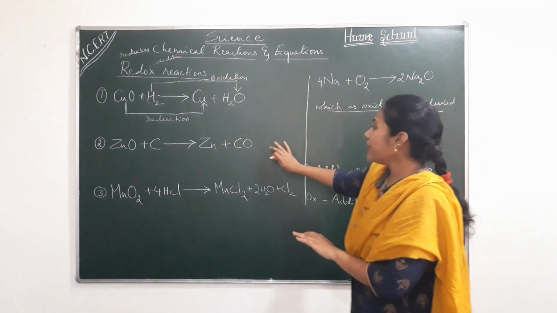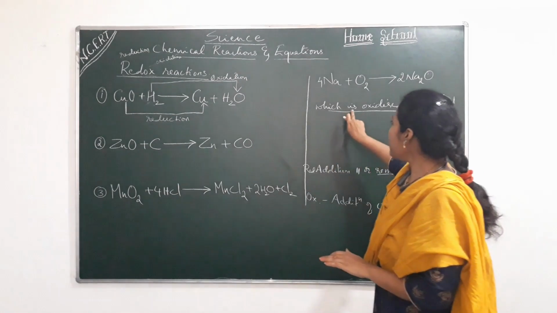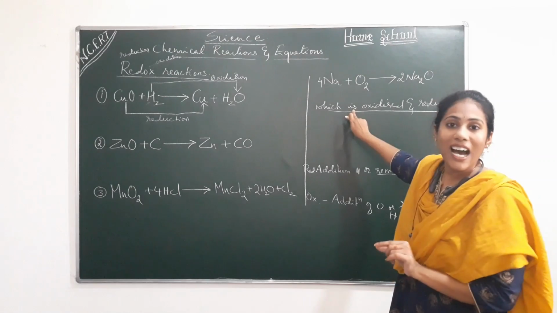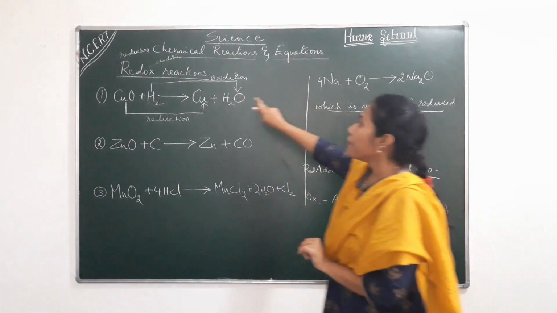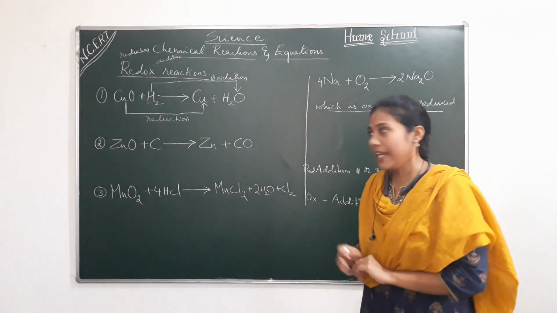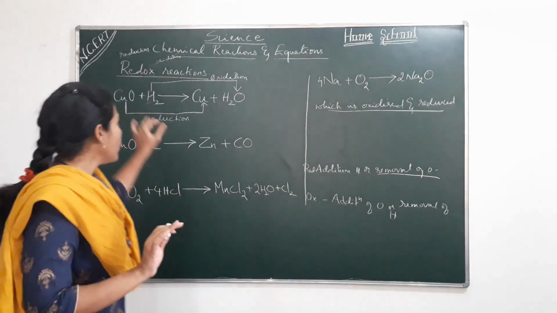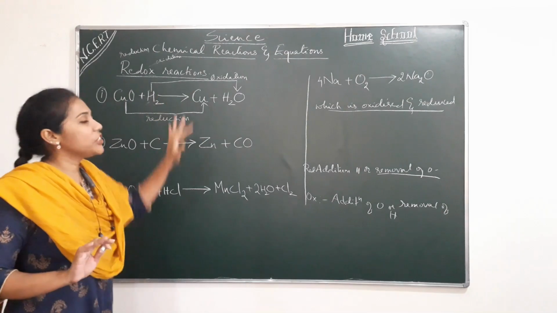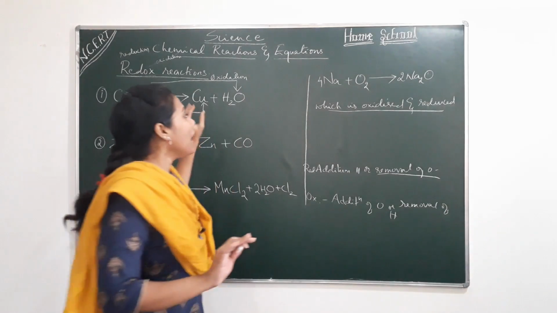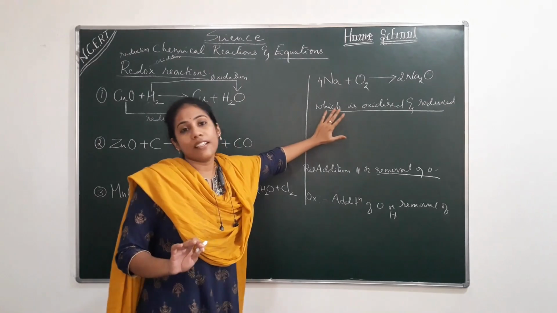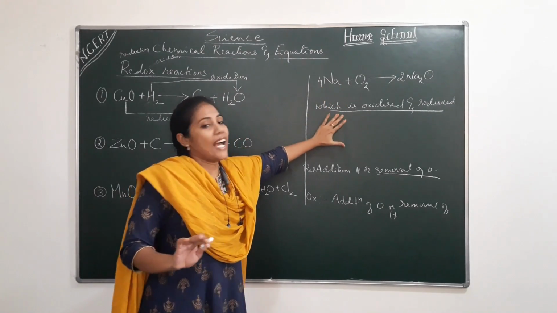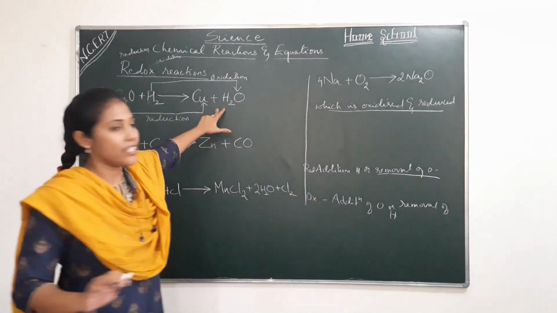Before going to the second example, let us write the answer for this question for the first equation. For the first equation, we have already recognized which is reduction and which is oxidation. Now you have to write the answer if they ask like this, giving this equation.